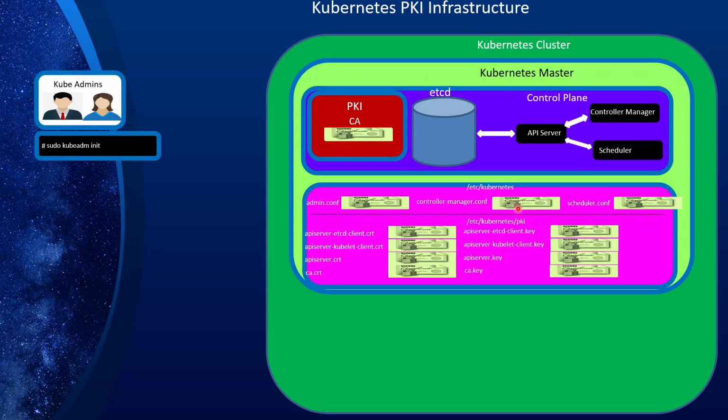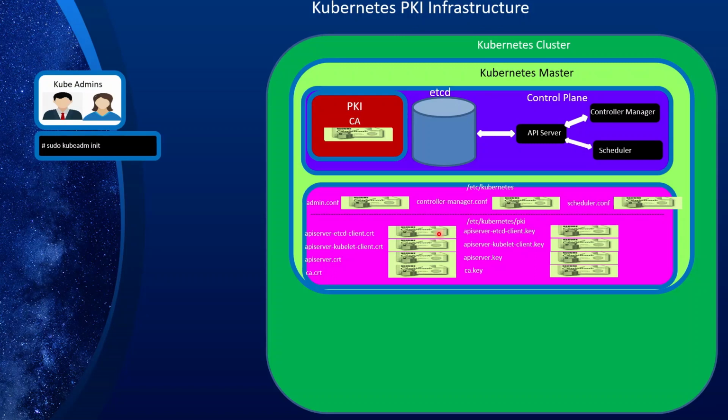controller-manager.conf. Basically, this is a certificate that the controller manager uses to talk to the API server. And scheduler.conf is the certificate that the scheduler uses to talk to the API server. And then below that, under the PKI subdirectory, we have apiserver-etcd-client.crt, which is this one, and its private key.